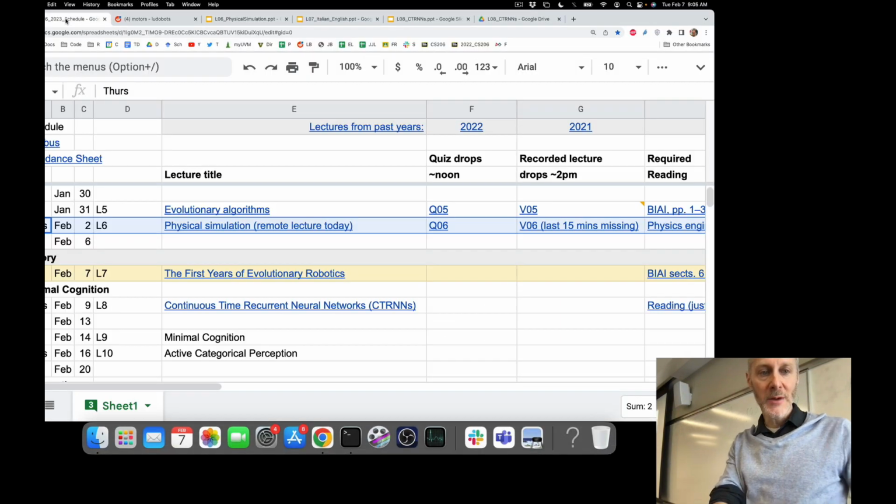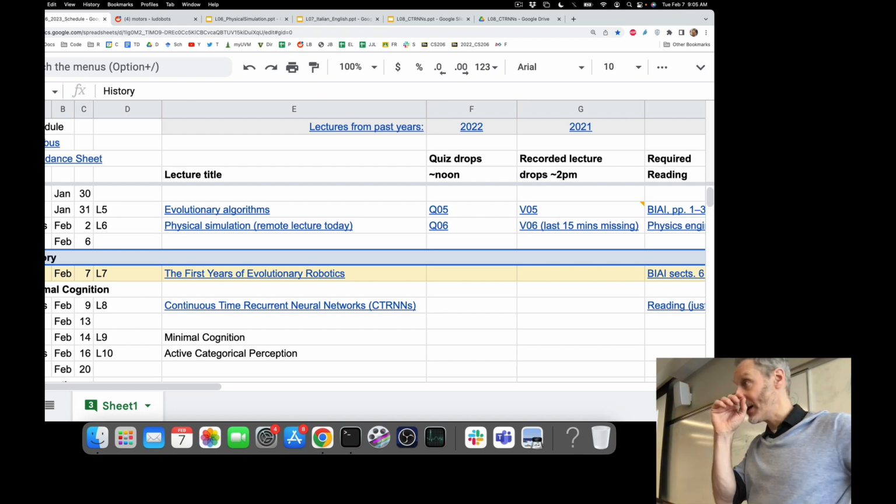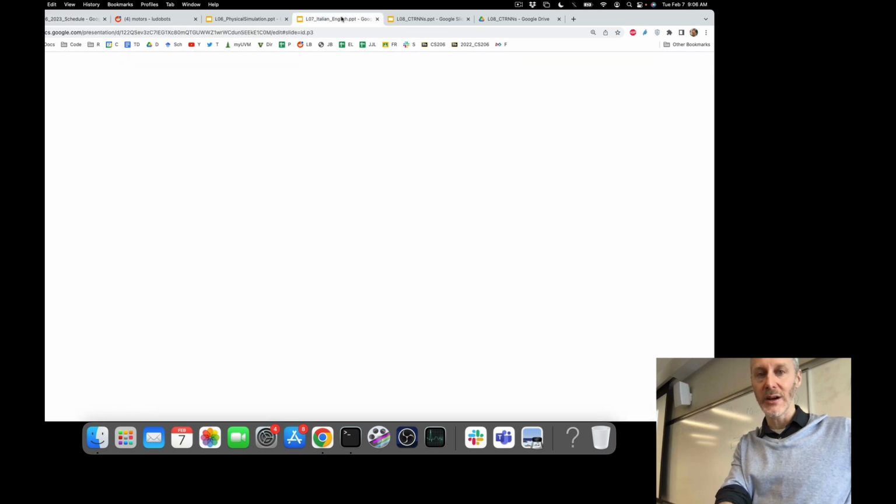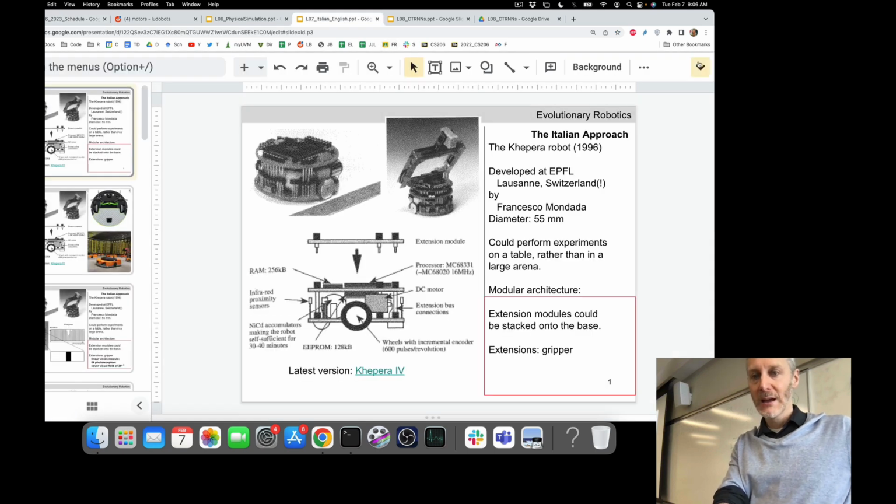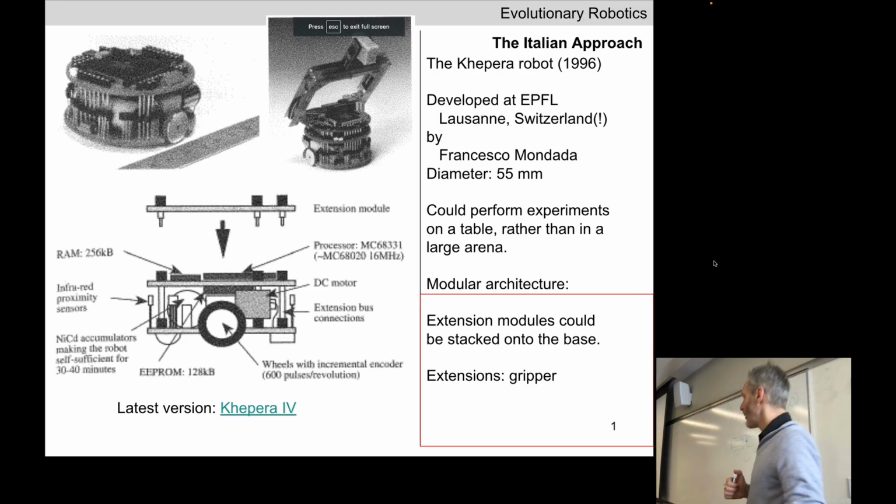All right, so as promised, moving on, we are now going to go all the way back to the mid-90s and look at the beginning of this field, evolutionary robotics. There were actually two papers published in the same year. This often happens in science.